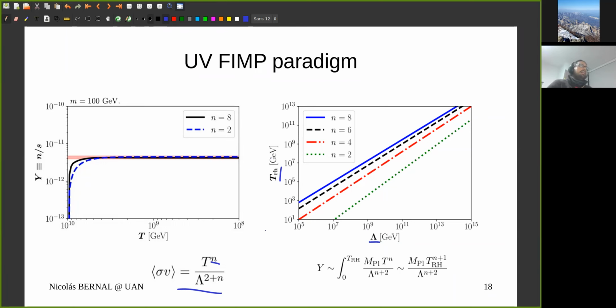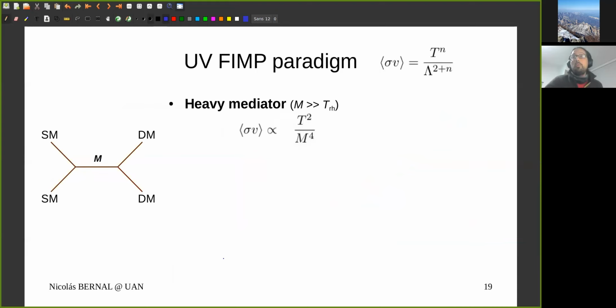But of course, you can ask, okay, in practice, how can I produce this kind of operators with such a high temperature dependence? So here I'll show you a couple of examples. For instance, you can imagine that you have the standard model that couples to dark matter via the s-channel exchange of a mediator. And you can imagine the scenario when this mediator is very heavy. And when I say heavy, I mean much heavier than the reheating temperature.